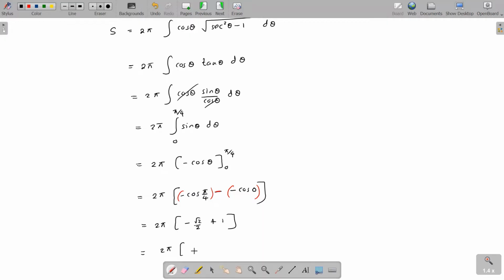Simplify, what do we get? 2 pi. We can take the common denominator here, right? So I get minus root 2. Check on this. Is this okay?